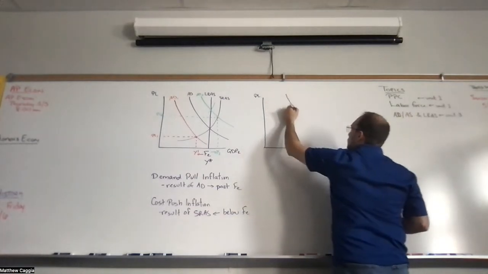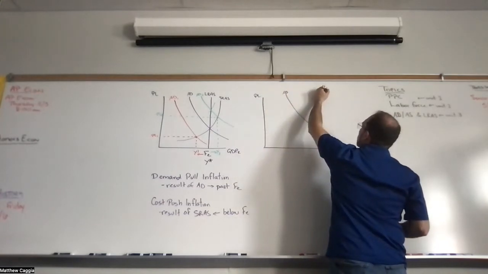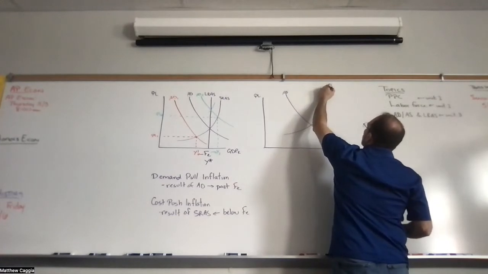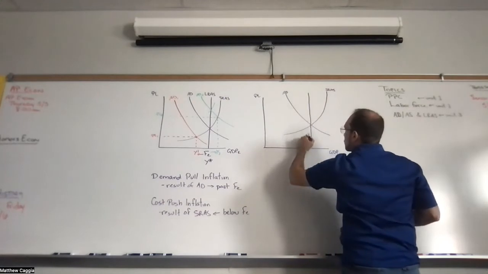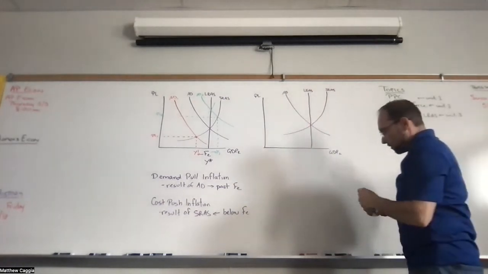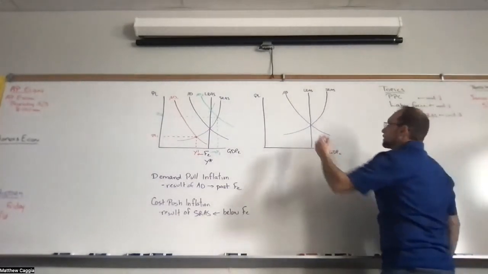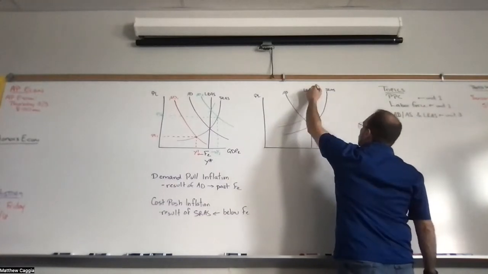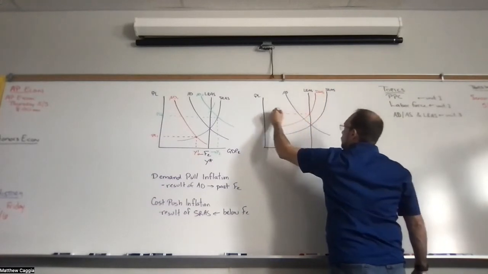So here is our aggregate demand. Here is short-run aggregate supply. Here is long-run aggregate supply. And then we have something that shifts short-run aggregate supply to the left. Okay. There is your increase in the price level.